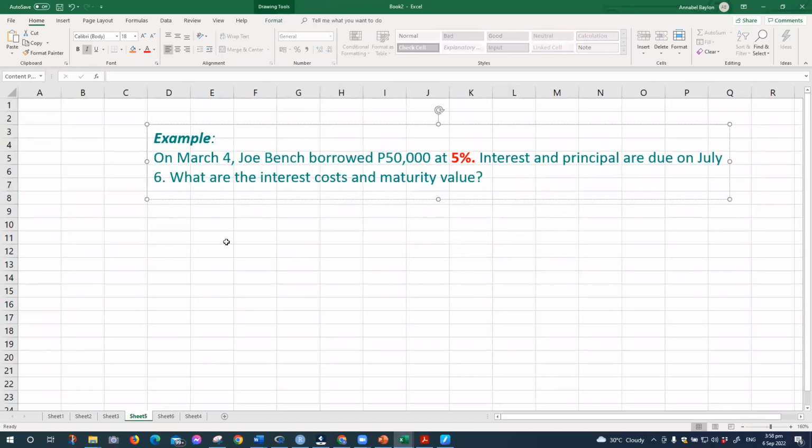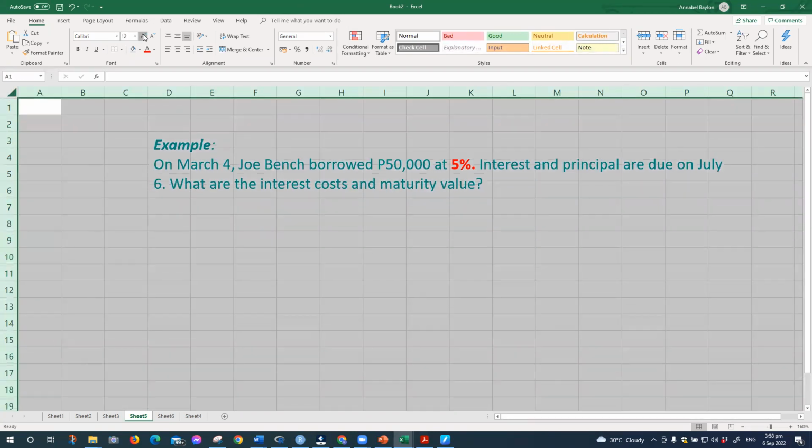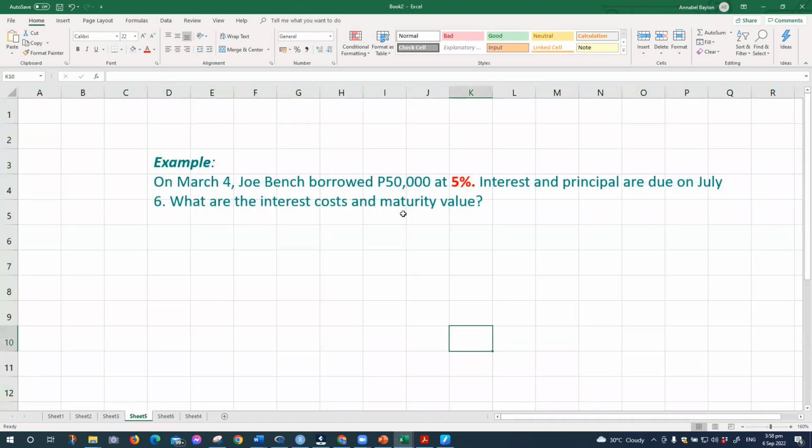So ito, umiram daw ng 50,000. No? Ang tinatanong, interest at saka maturity value. So kaya natin to, no? Principal, a rate, and then time. Yun lang naman yung tatlong yun to get the interest.